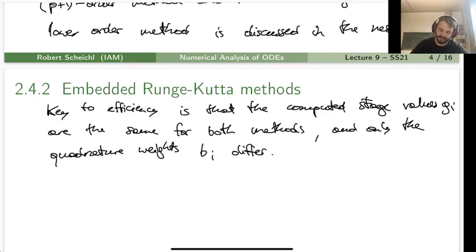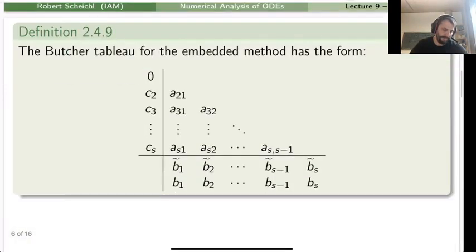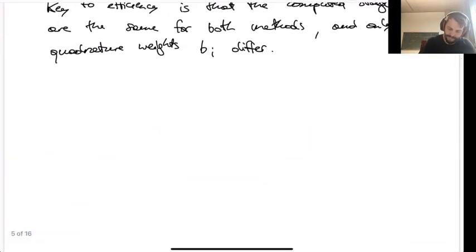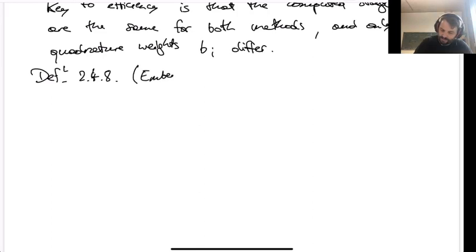Okay, so definition (2.4.8), embedded Runge-Kutta methods.